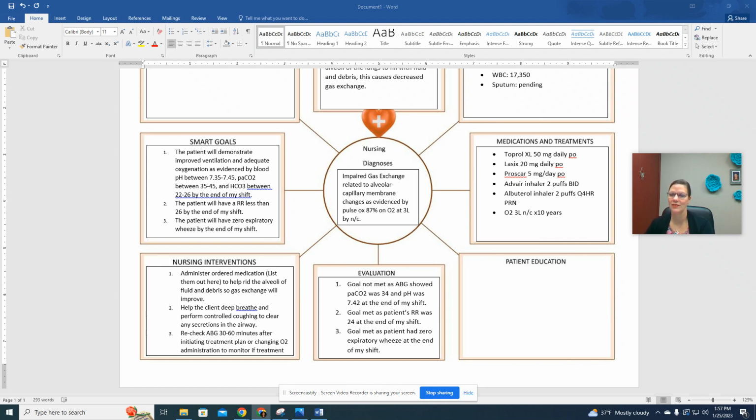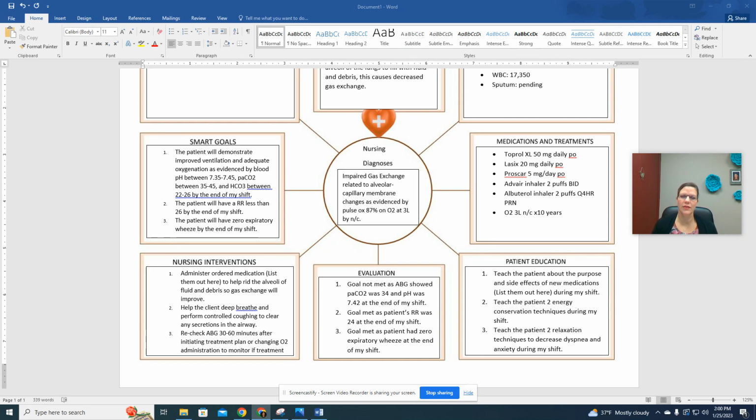Next, we'll do patient education. Okay, so please notice that for patient education, there are client, family, teaching, and discharge planning ideas in your Ackley textbook. And so I chose patient education that addressed the SMART goals and the patient problems. So I chose number one, teach the patient about the purpose and side effects of any new medications.